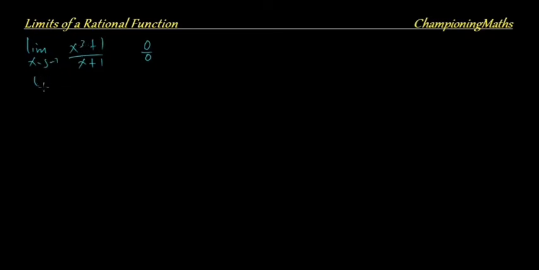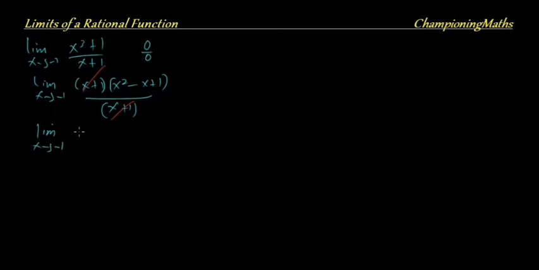And so our limit as x approaches minus 1 will now be x plus 1 multiplying the bracket x squared minus x plus 1 all over x plus 1. We can reduce our function by x plus 1, and so our limit will now be the limit as x approaches minus 1 of x squared minus x plus 1.